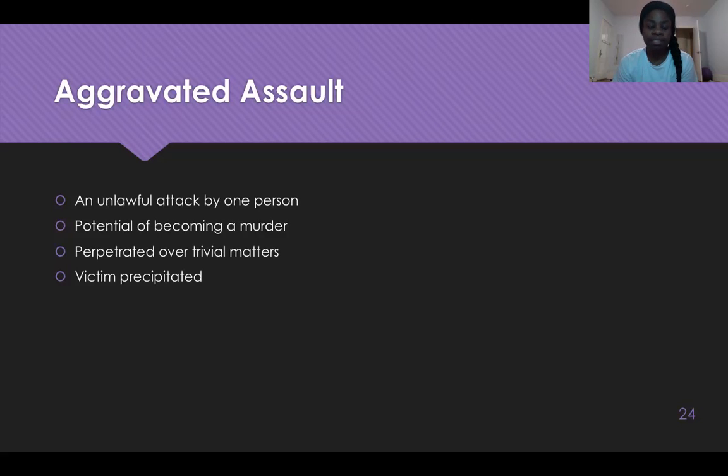These crimes carry the potential of becoming a murder. It's perpetrated over trivial matters. Okay, victim also precipitated.